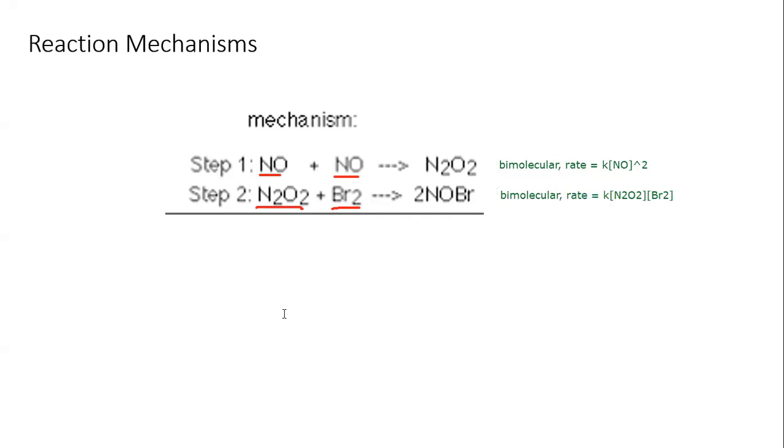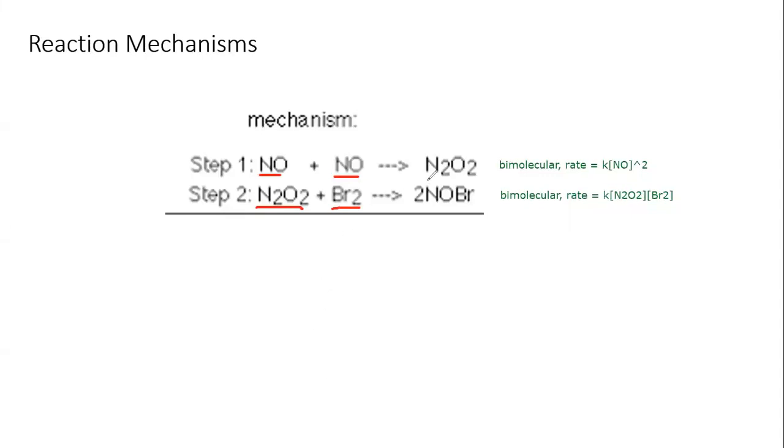Now the overall reaction, what you do is you cross out any reaction intermediates or catalysts. The difference between a reaction intermediate and a catalyst is that a reaction intermediate is produced in one step and consumed in a following step, whereas a catalyst is consumed in one step and reproduced in a following step, so it is not consumed in the reaction.